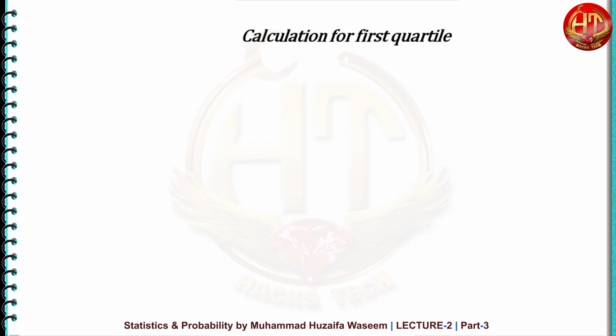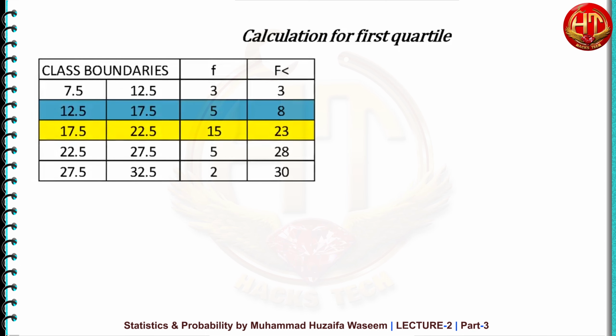Okay, let's see how we can solve it. Calculation for the first quartile. First, you have to make the column for cumulative frequency, less than type.